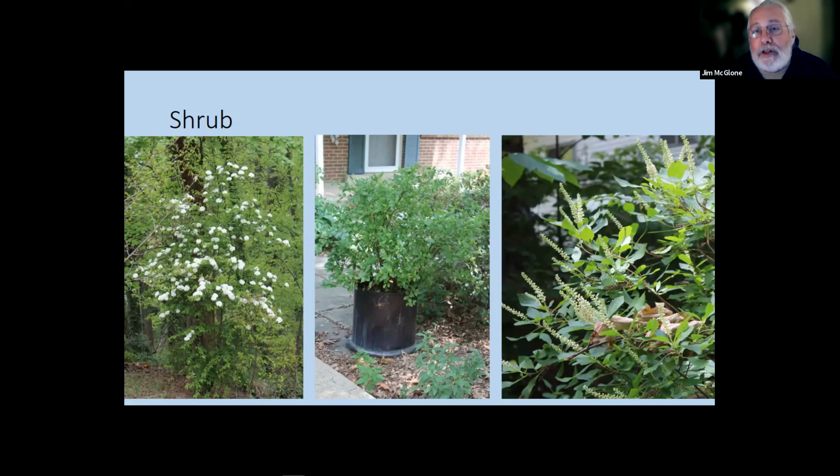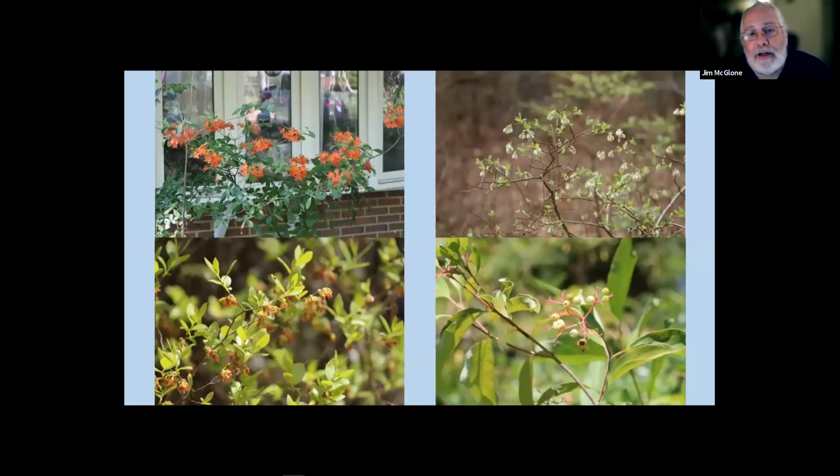Some other shrubs that you might want to include in your landscape if you've got the right soils. Upper left is a native azalea. Again, that's for me because I like that orange flame azalea, even though I live in Fairfax and it's not native there. The plant next to it is the native pinkster bloom azalea from Fairfax.